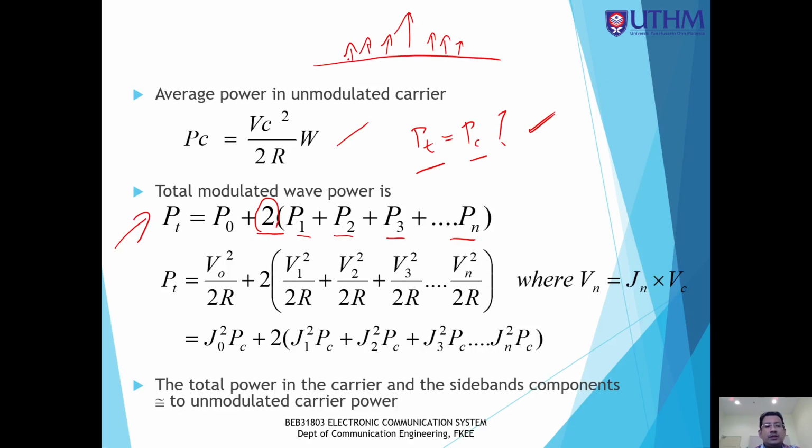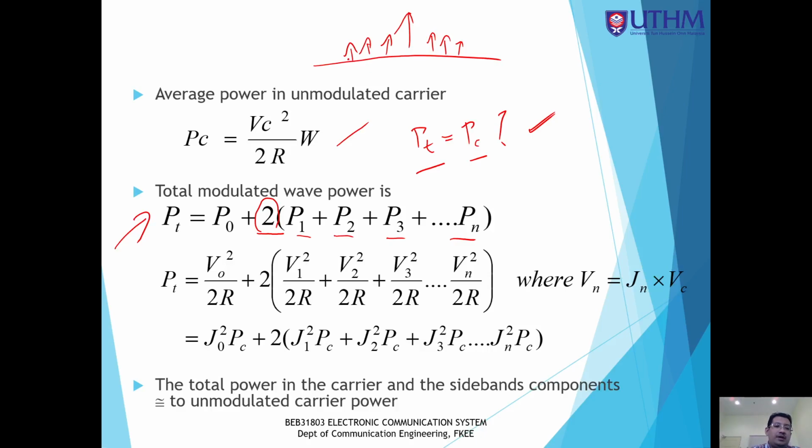As we learned in AM previously, when we want to calculate the total power, we add all the power components of each part of the spectrum. Similarly here, we add all the power components in the spectrum to get the total power.